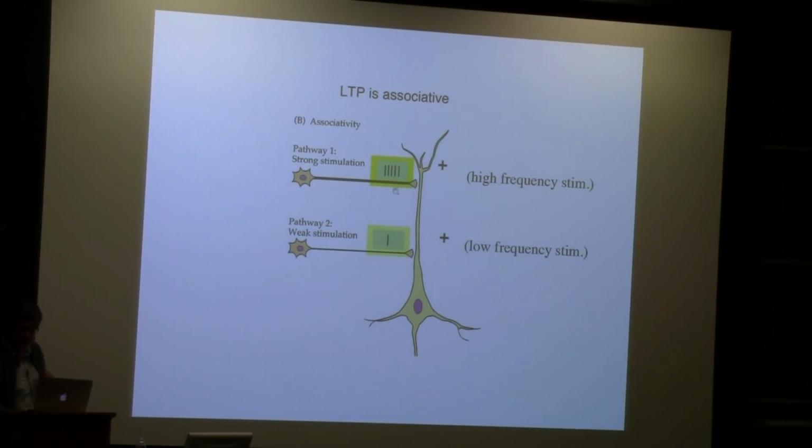So this pathway now is the steak, the strong pathway that makes you salivate, and this pathway is the bell, the weak pathway that normally doesn't make you salivate. If you associate both of them, now the weak pathway will produce potentiation.